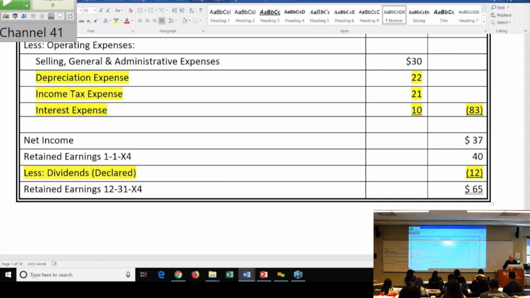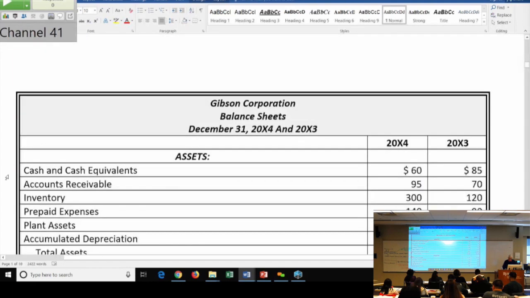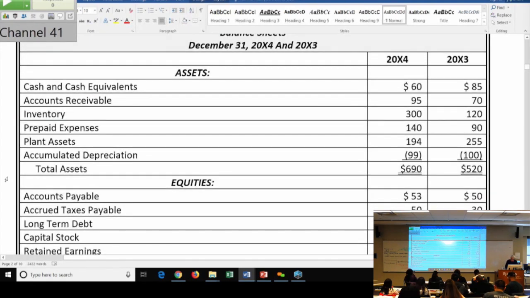What I've done, I've given you the balance sheet. And we've got cash and cash equivalents for each year. It's an unclassified balance sheet: receivables, inventory, prepaids, plant assets, and accumulated depreciation.